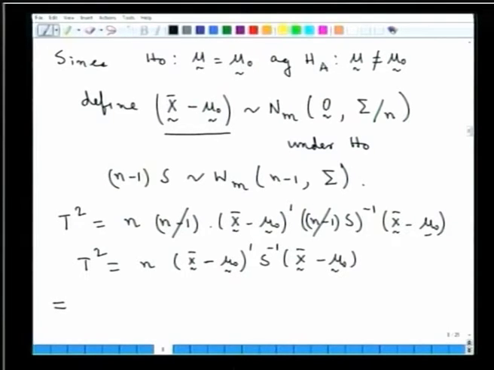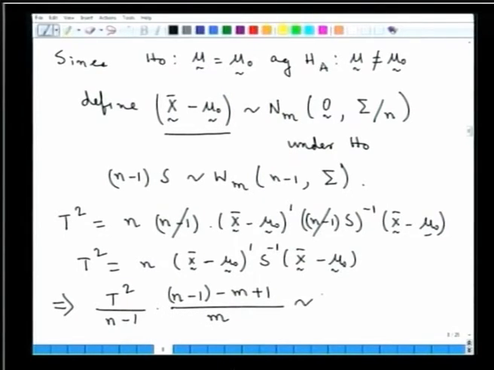Now this would further imply from the distribution of this T-square statistic that this T-square divided by n, where in the previous setup n was the degrees of freedom, so we will have that as n minus 1, this into n. Now the role of n is played by n minus 1, so we'll have that (n minus 1 minus m plus 1) divided by m, the dimension.